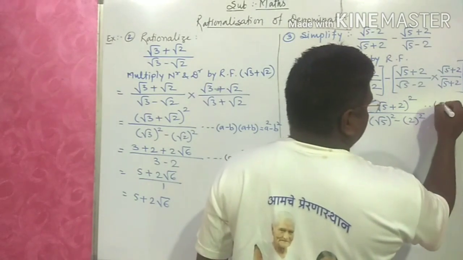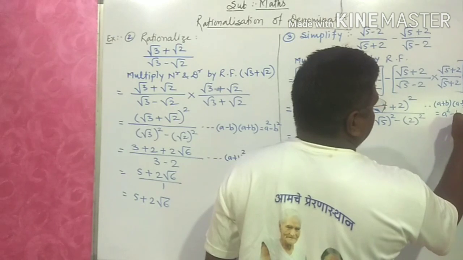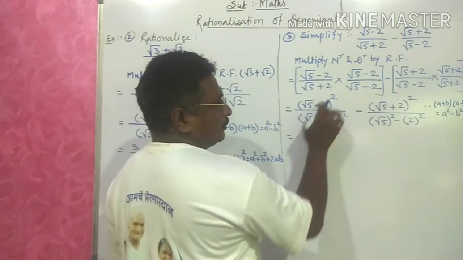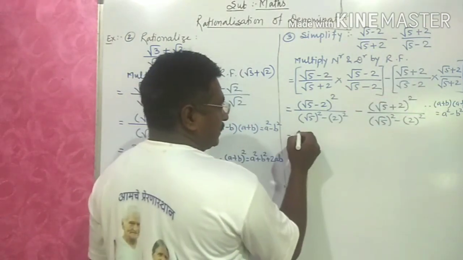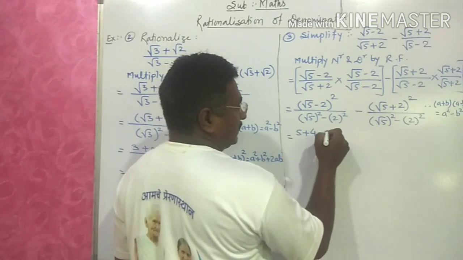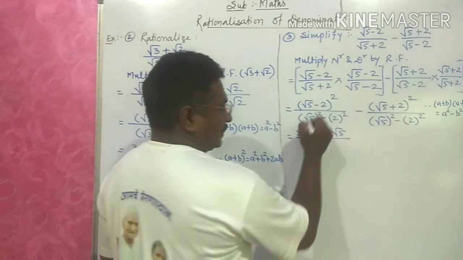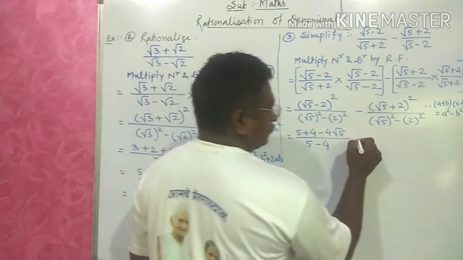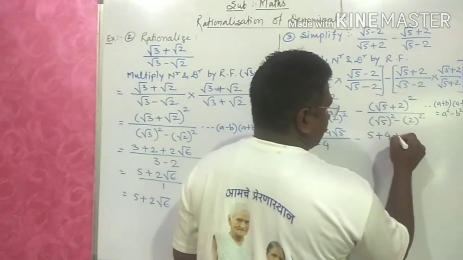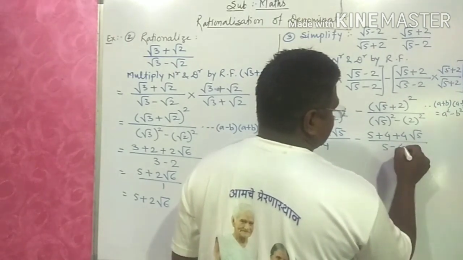Here we used (A plus B)(A minus B) equals A square minus B square. Now here (A minus B) whole square and (A plus B) whole square: 5 plus 4 minus 4√5, minus, 5 plus 4 plus 4√5, by 5 minus 4.